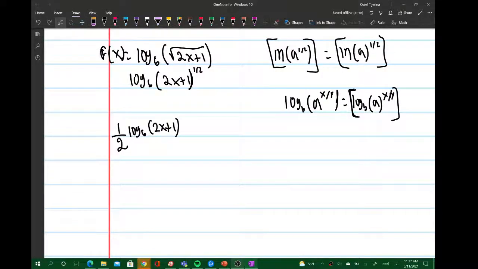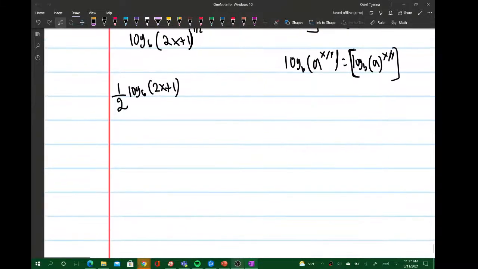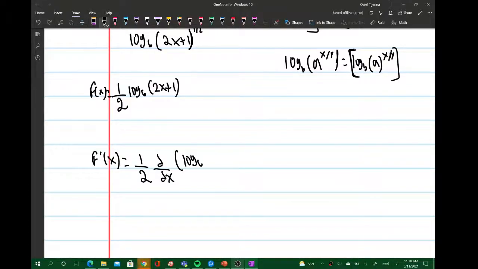It's a little bit easier now, because now all we have to do is say that if we have f of x equal to this, then f prime of x is really just 1/2 times the derivative of log base 6 of 2x plus 1. You can take out the constant.